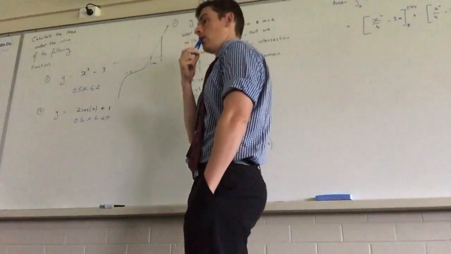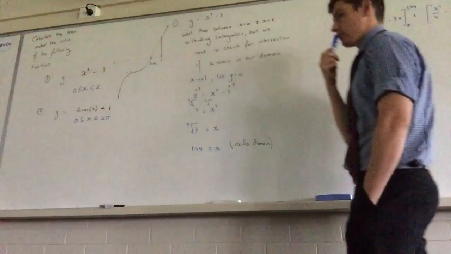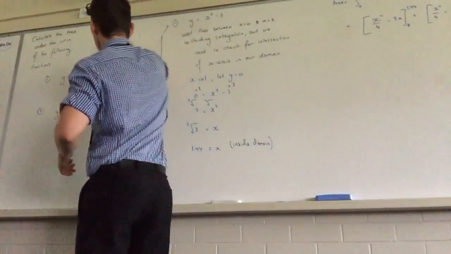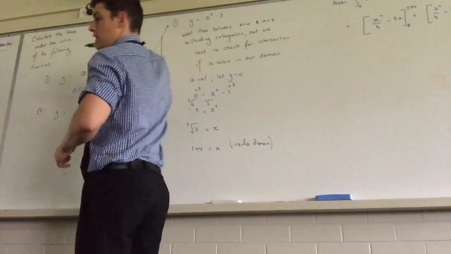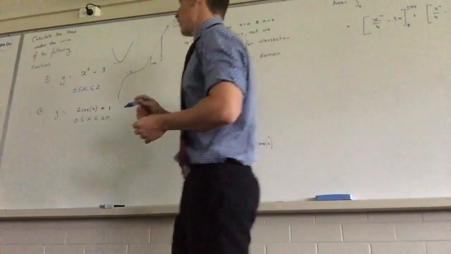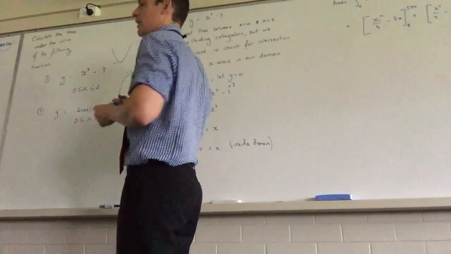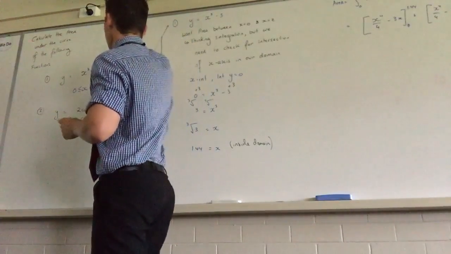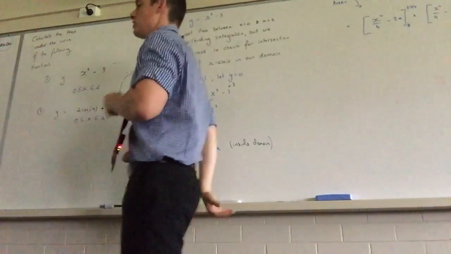Does that make sense? So if I had a function that did this, that would not go through a positive and negative, would it? But in every other scenario, when it cuts the x-axis, you'll know that you've got a positive and a negative area. Cool? Very easy with a calculator.